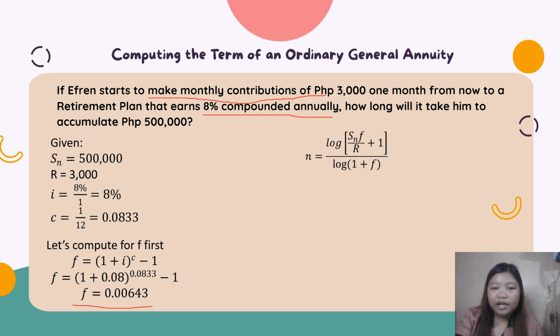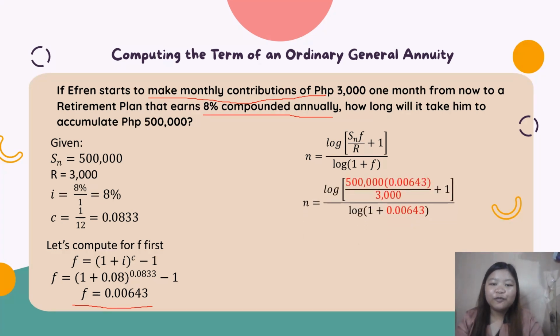Then after that, we will substitute all of our values in our formula. Our formula is n is equal to log of (S sub n times f, all over R, plus 1), all over log of (1 plus f). So substitute our values: log of (500,000 pesos times 0.00643, all over 3,000, plus 1), all over log of (1 plus 0.00643).